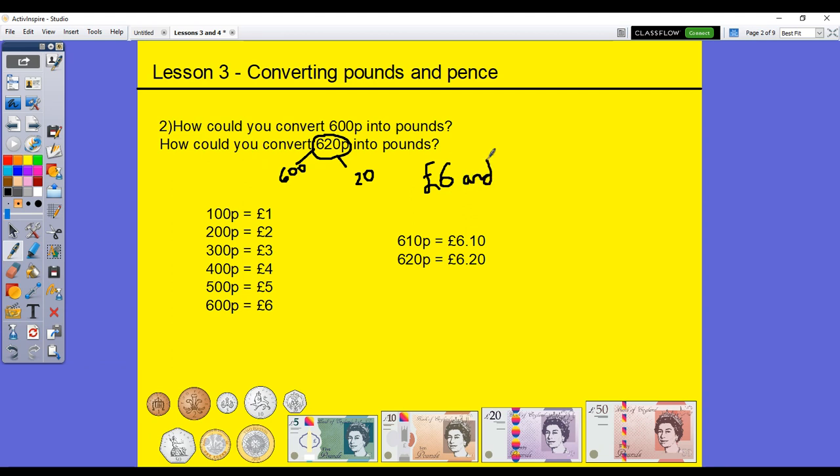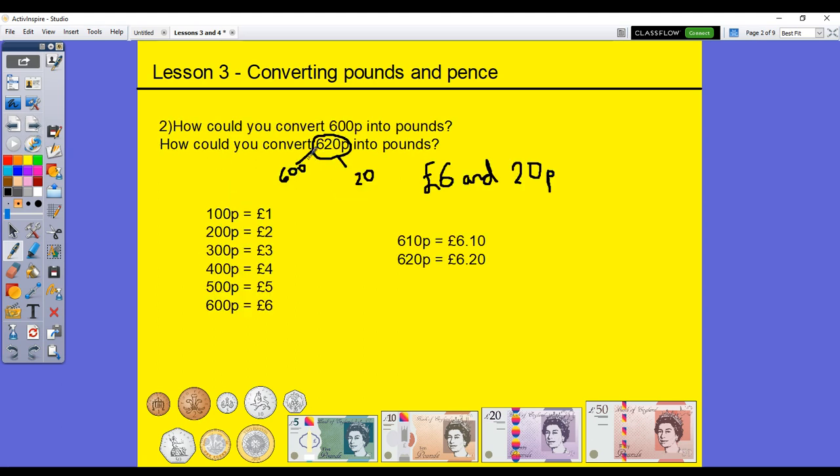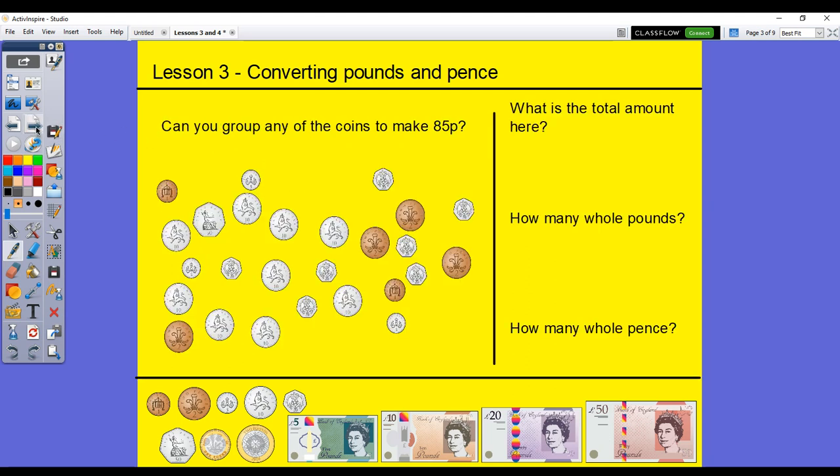Don't worry about the decimal point too much at the moment because we don't really need to look at that. Just £6 and 20p. That's another way to work it out. You need to break it down, work out how many hundreds you have, that's how many pounds you will have, and then you can do the rest.